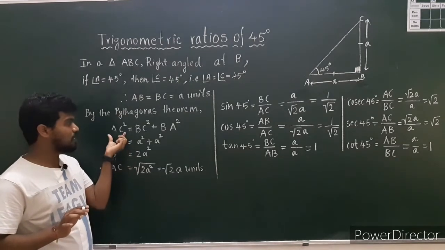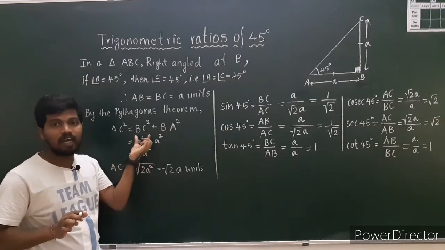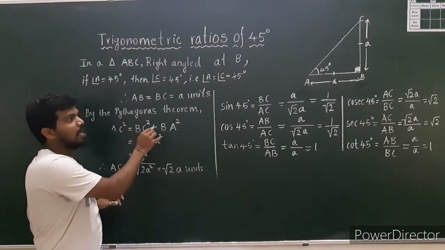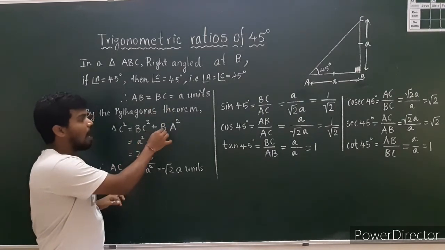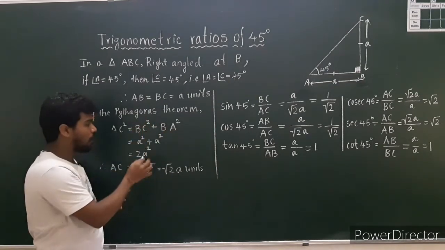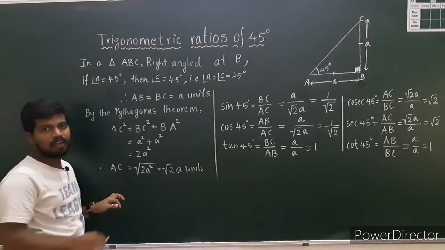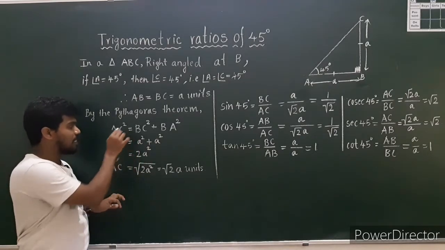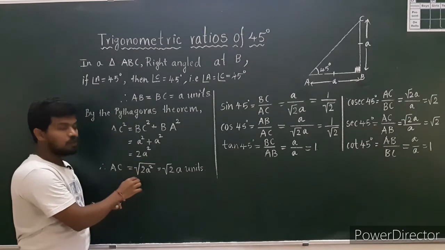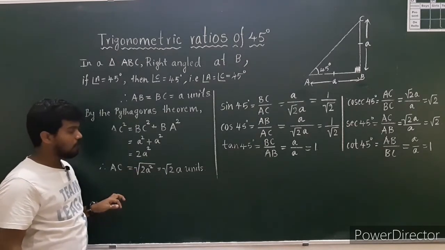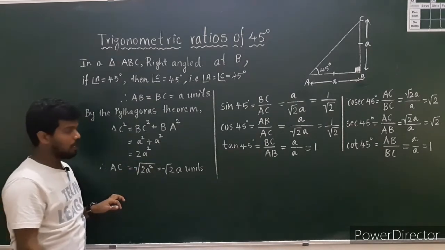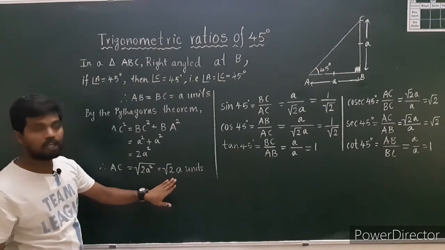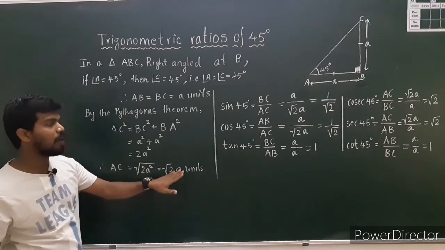So AC square you have to find out, and AB square and BC square are a square and a square. A square plus a square gives 2a square. Therefore, AC is equal to the square root of 2a square. Taking a outside, you get root 2 a. The hypotenuse AC is equal to root 2 a units.